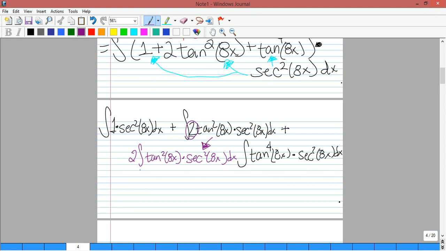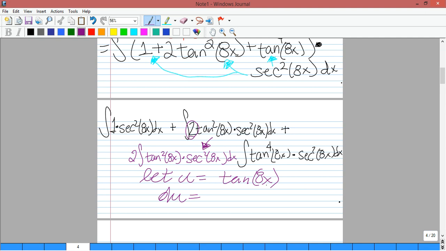Okay. So then in this case, what we're going to do is let u equal tangent 8x. Now we have to find the derivative of u. Our derivative of tangent 8x.